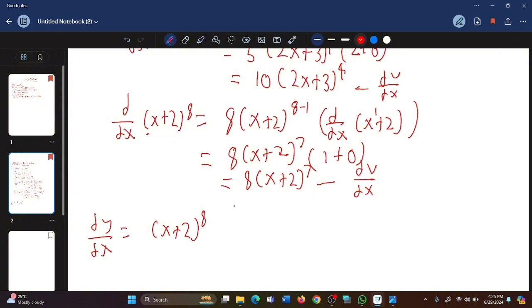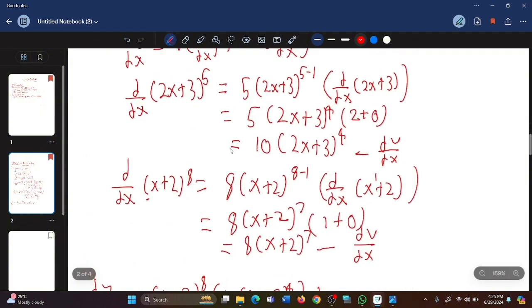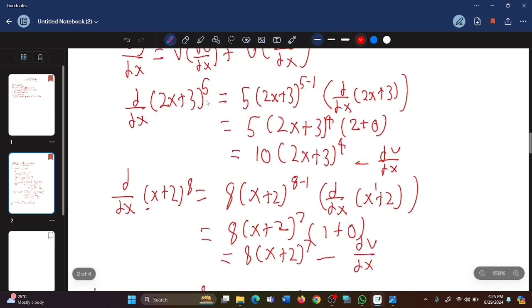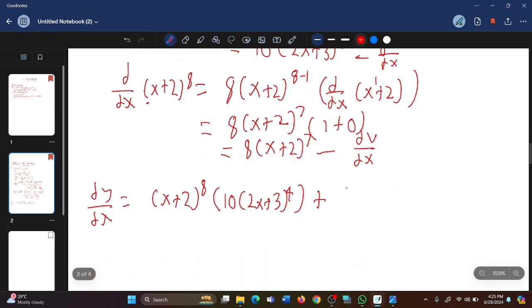So du/dx is 10 (2x plus 3) to the power 4. Then add, the plus sign. After the plus sign, we put u dv/dx. So what is u? (2x plus 3) to the power 5.